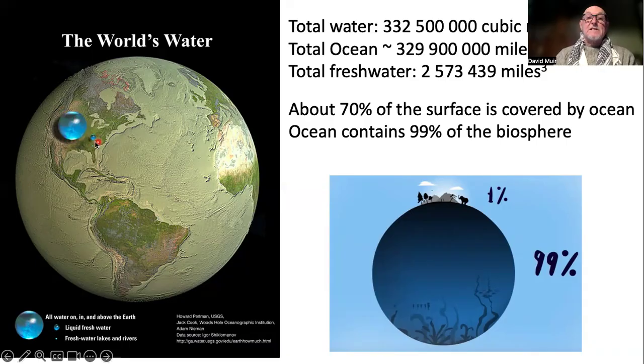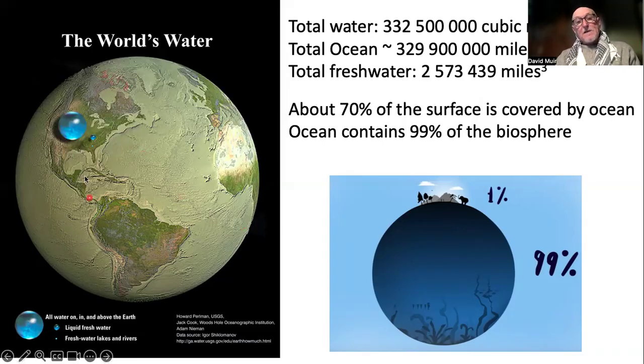This here is the total amount of liquid water not in the oceans. And this here, that tiny little dot of blue there, is the amount of fresh water easily available to us as liquid fresh water on the surface. We've discussed this before when we talked about water issues.